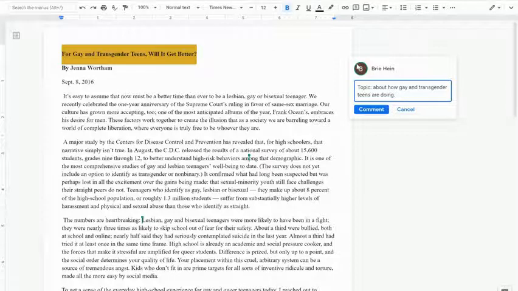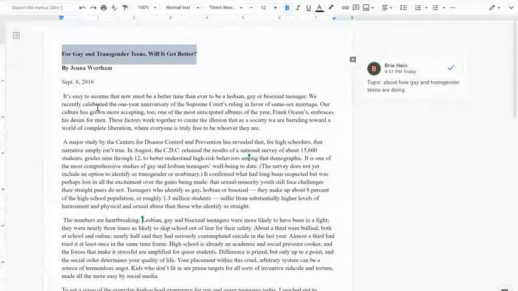And again, I'm looking for the purpose of this article. So why is Jenna Wortham, the author, writing this? I'm not sure why Jenna is writing it yet, just based off of this title. I'm not sure if Jenna is trying to argue something or trying to inform. I'm not sure yet, so I'm going to keep reading. But I do know that it's probably going to be about how gay and transgender teens are doing at this point.